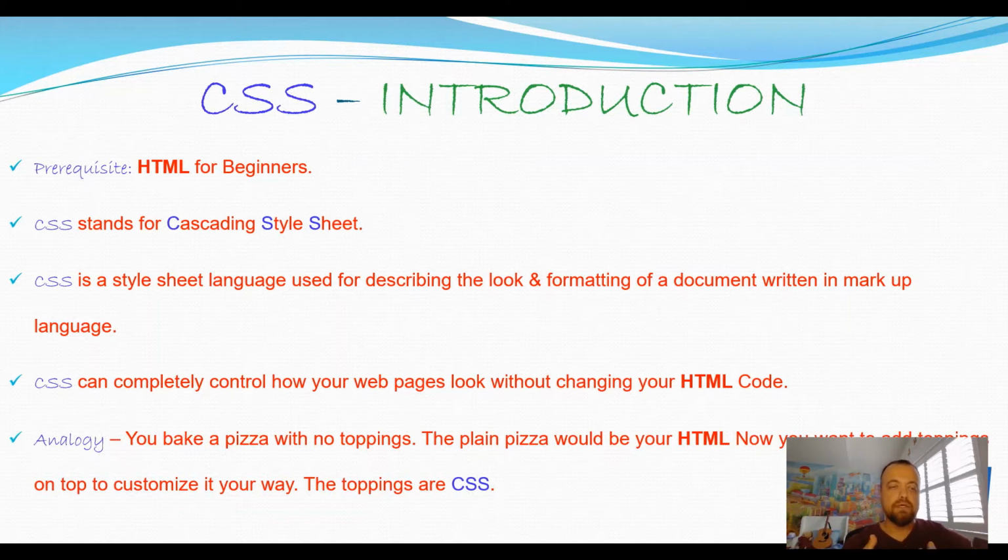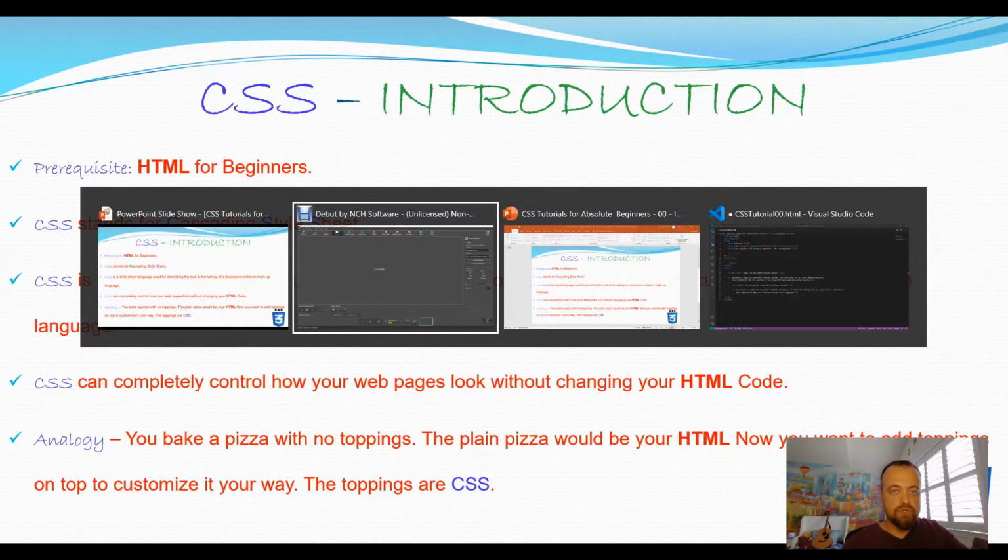Having a plain pizza would be your HTML, and then adding toppings, flavors, and different ways of cooking it would be CSS. So CSS makes your product look beautiful. Hopefully that analogy paints a picture of what CSS is, and we can go ahead and start coding.